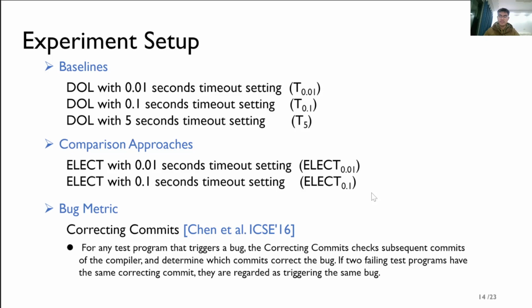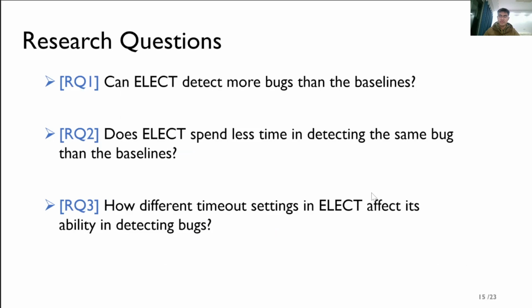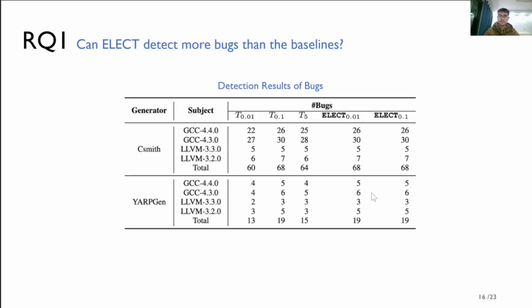If 2 failing test programs have the same creating commit, they are regarded as triggering the same bug. We mainly consider 3 research questions. First, can ELECT detect more bugs than the baselines? Second, does ELECT spend less time in detecting the same bug than the baselines? Third, how do different timeout settings in ELECT affect its ability in detecting bugs?